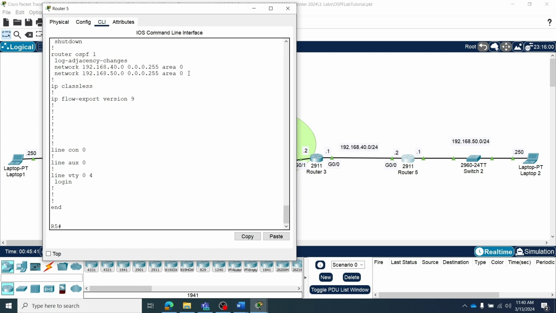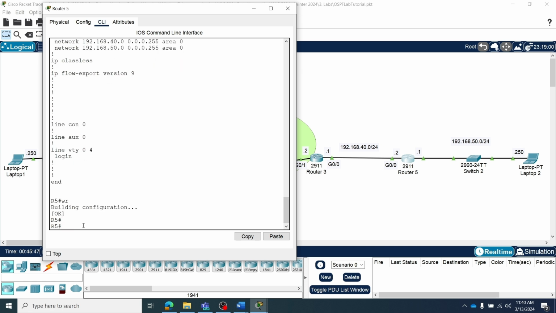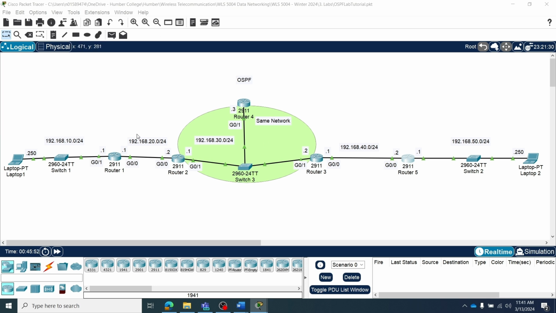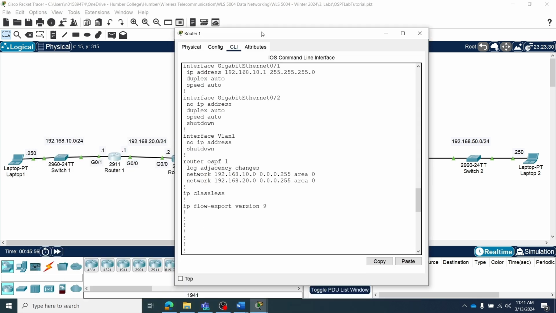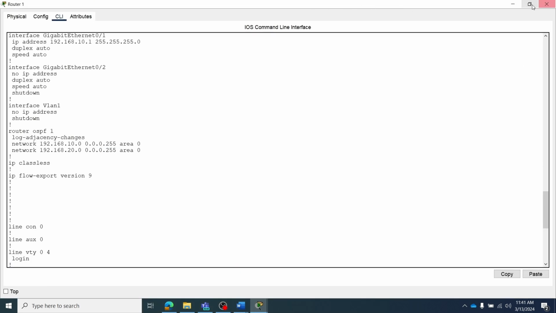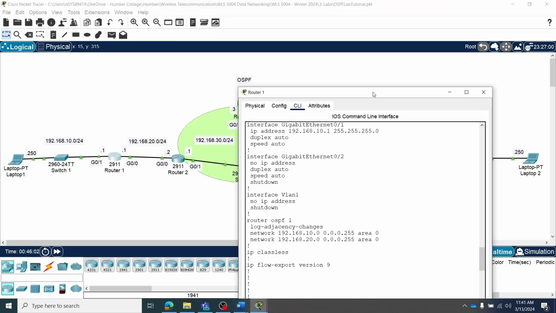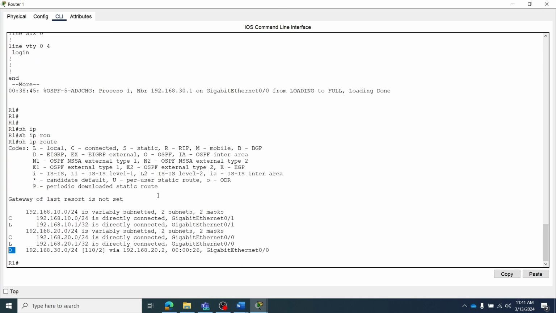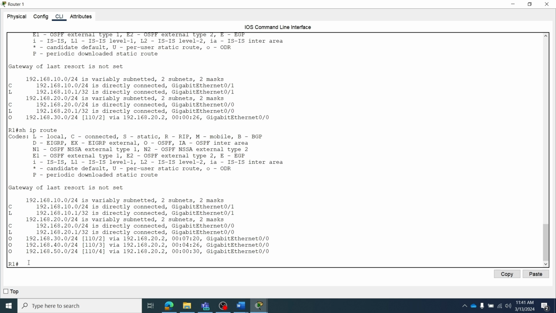So we have done configuration of these two networks, and right now let's see what we have in router 1's routing table. Initially it was two networks, then when we finished configuration on router 2, we saw 3 networks in its routing table. Now let's see how many networks it has.